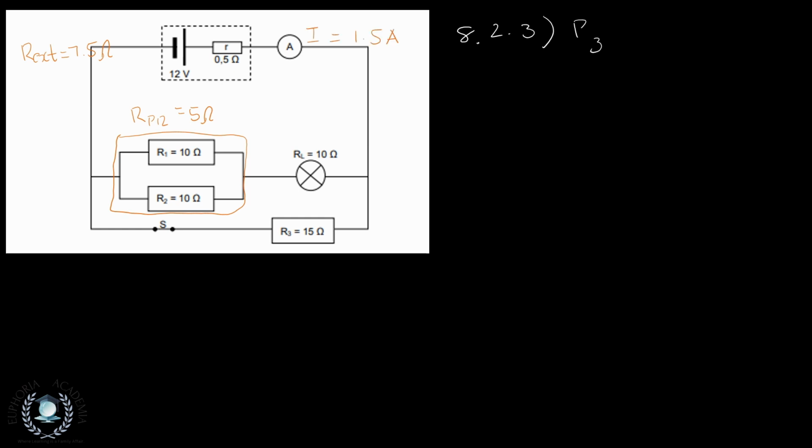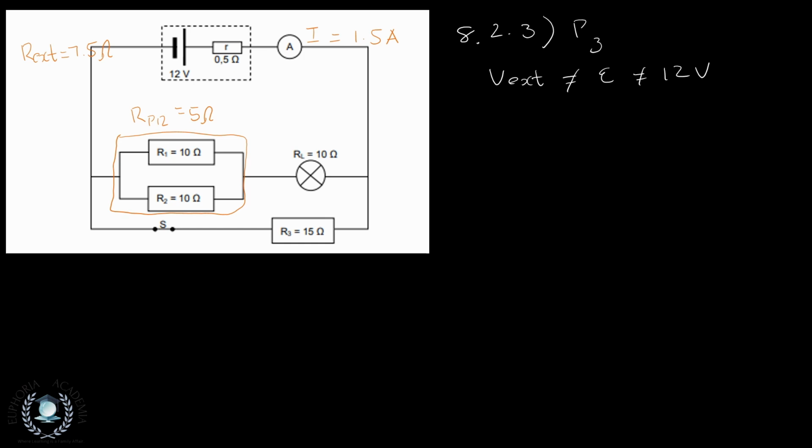Question 8.2.3 is asking us to find the power dissipated by the resistor R3. Just a warning: our total V external, the potential difference across the whole circuit, not including the battery's own internal resistance, is not equal to the EMF of the battery. So it's not equal to the 12 volts.